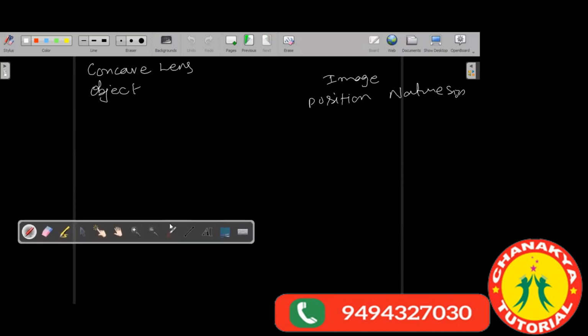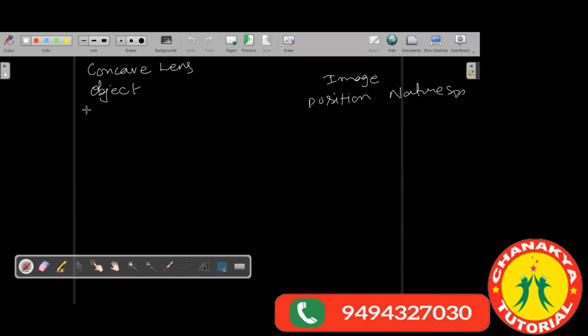So for the concave lens, when the object was placed at infinity, the image was formed at F1. Nature of the image was virtual and size was diminished or small.